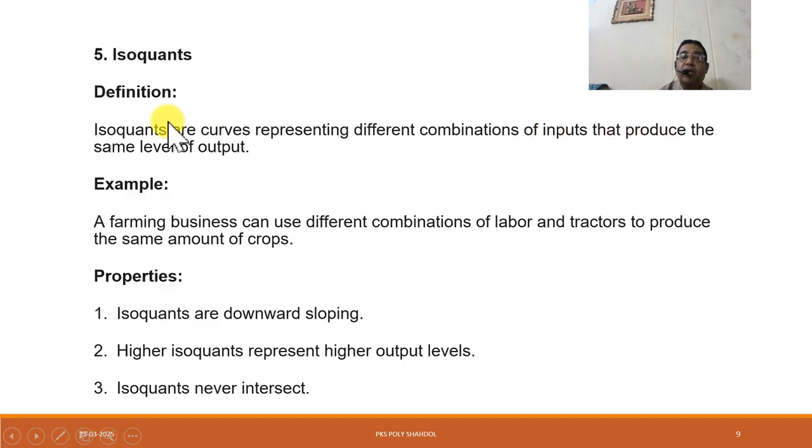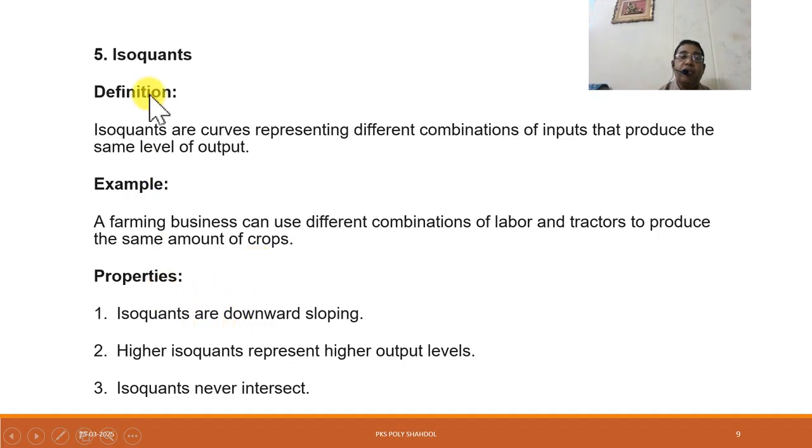This is the isoquant, and it is obtained by a curve. For example, a farming business can use different combinations of labor and tractors to produce the same amount of crops.